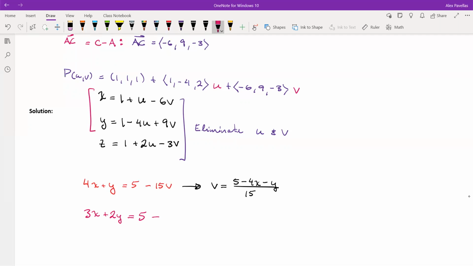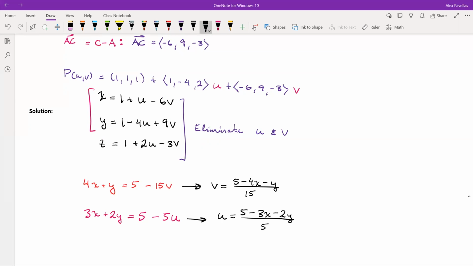Plus 3 times u minus 8 times u, so that's minus 5u. And then the v's cancel out, right? Because it'd be minus 18v plus 18v. If we take this equation and solve it for u, because it's minus 5u, we get u equals 5 minus 3x minus 2y, all divided by 5.